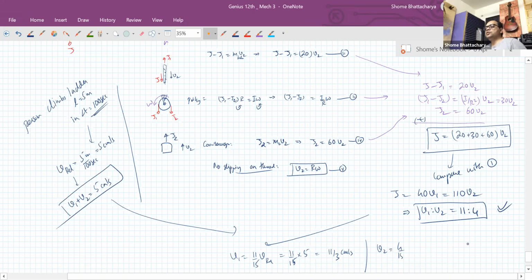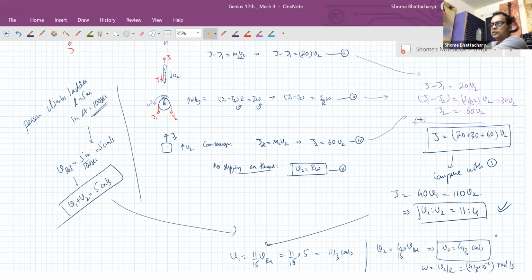So V2 comes out to be 4 by 3 centimeters per second. And omega is V2 by R. So that's 4 by 3 into 10 raised to minus 2 radians per second. Okay, so hope this concept is clear.